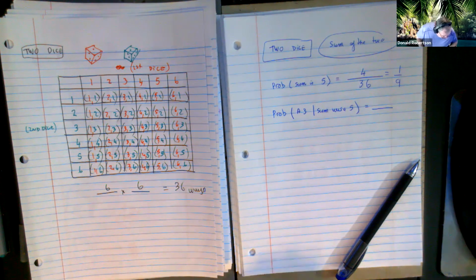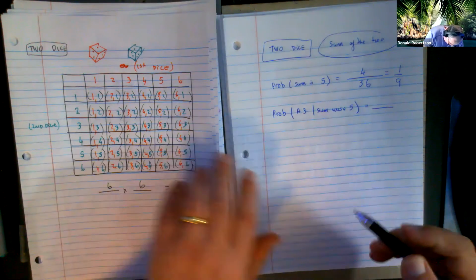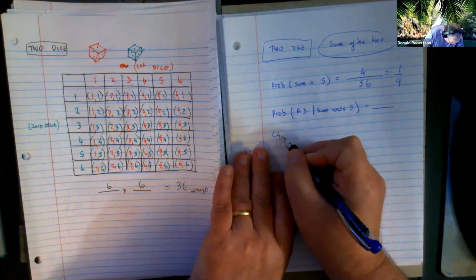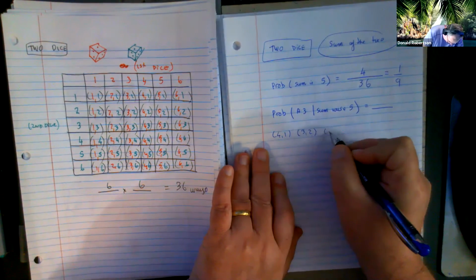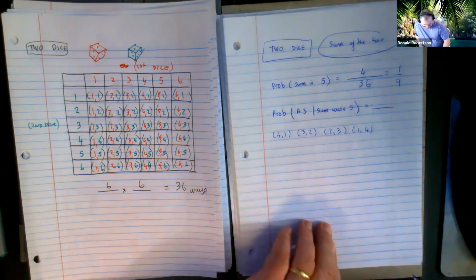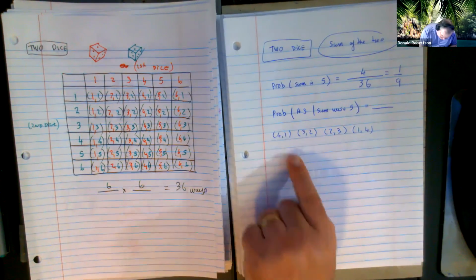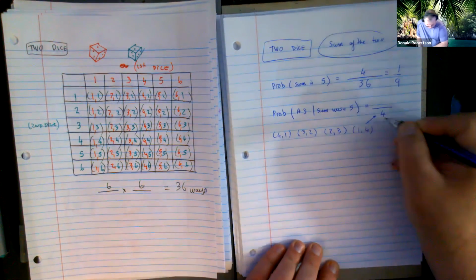Now, if you look at my little table here, maybe I should just write them down. These are all the ways in which you could get a 5. Right? That's it. Those give you the 4 that goes in the bottom.